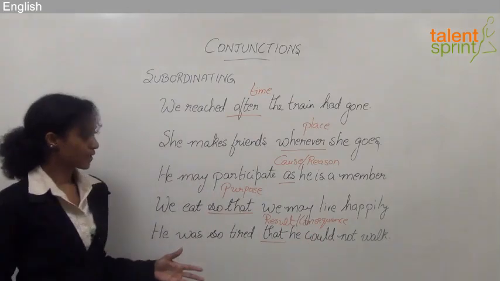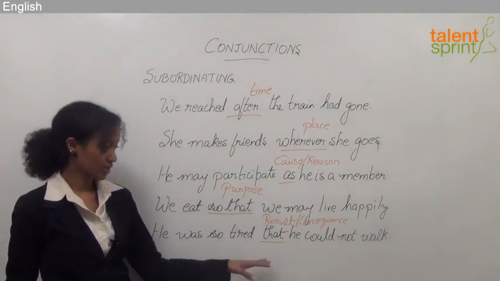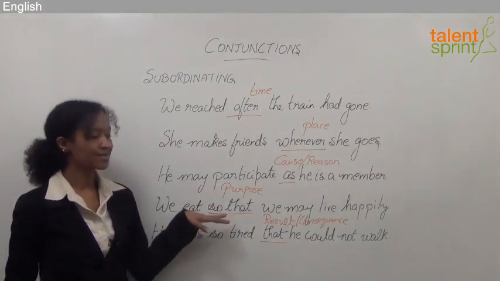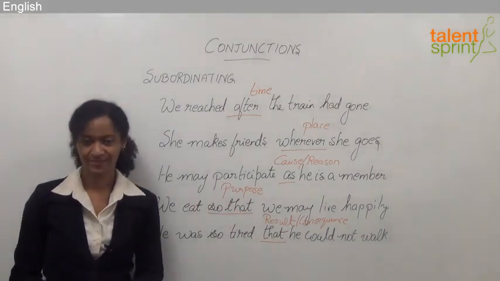So do note that there are a couple of words that have different meaning based on the context. So here, that is taking up the meaning of result or consequence, but here, that is taking up the meaning of purpose.